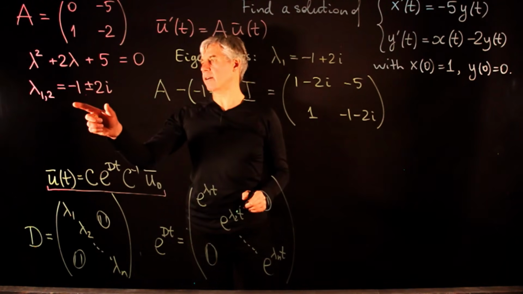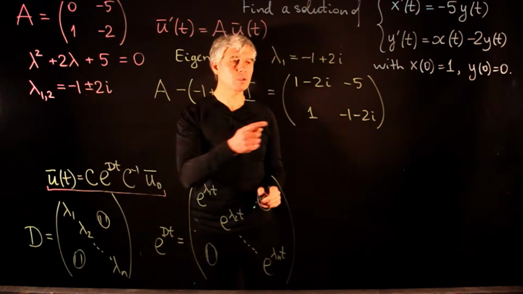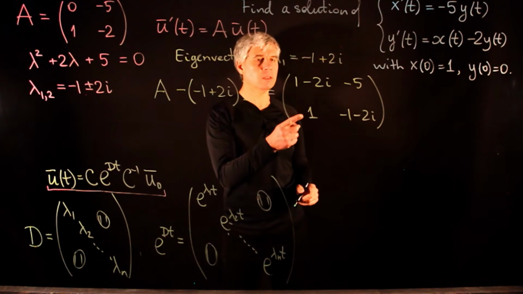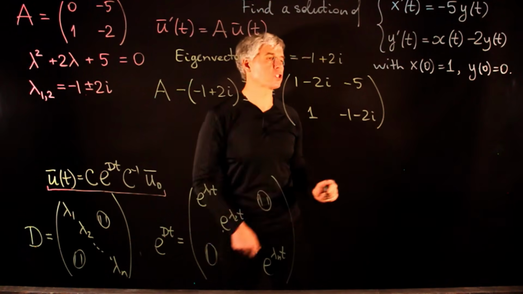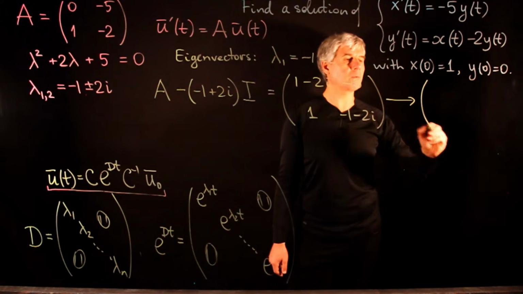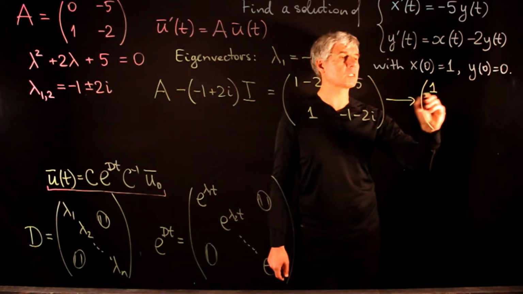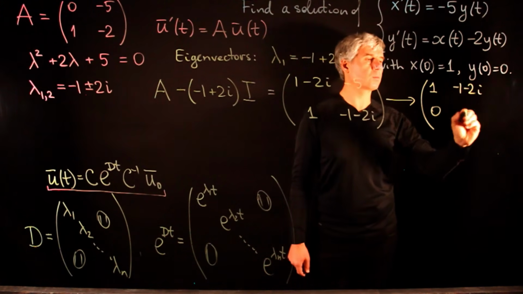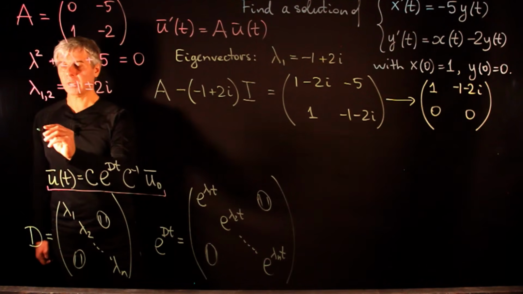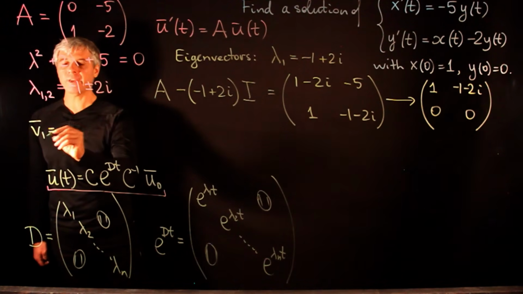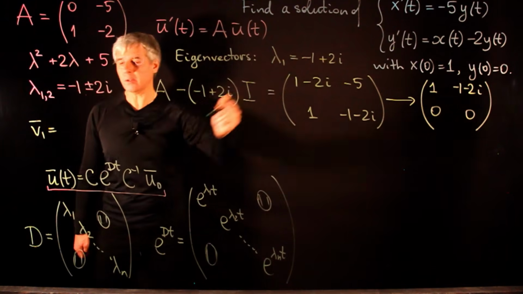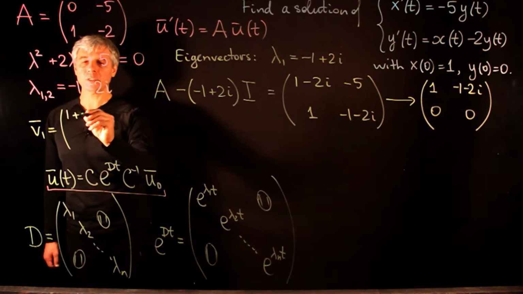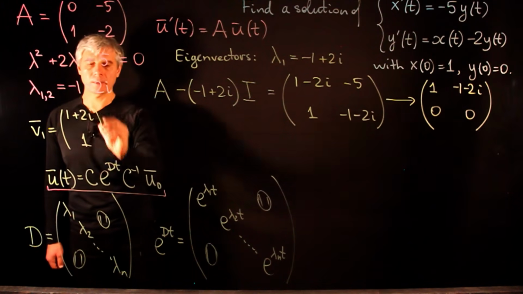Since we have an eigenvalue here, the determinant of this matrix is equal to 0. And this tells us that the rows in this matrix are proportional. So thus, the reduced row echelon form of this matrix is 1, -1 minus 2i, 0, 0. And we conclude that the first eigenvector that corresponds to this eigenvalue is going to be 1 plus 2i, 1.